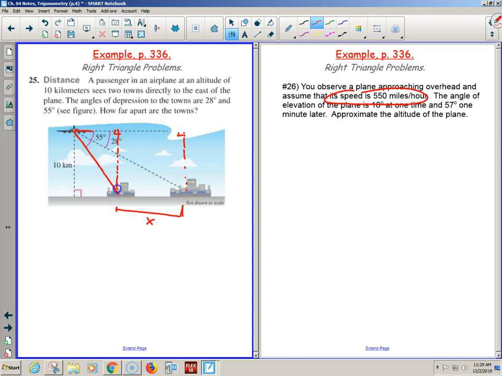Yeah, so I have my 55-degree triangle, right? And then I have my 28-degree triangle. And what do we know about how high the airplane is, which would measure both of their opposite sides? 10 kilometers.